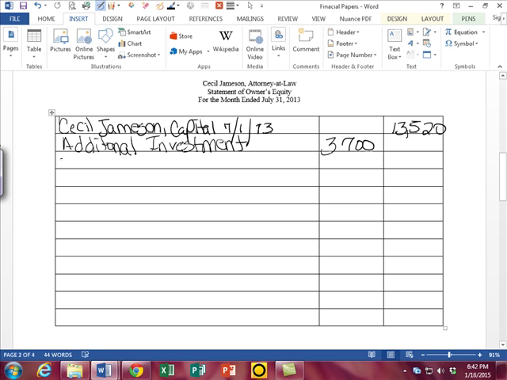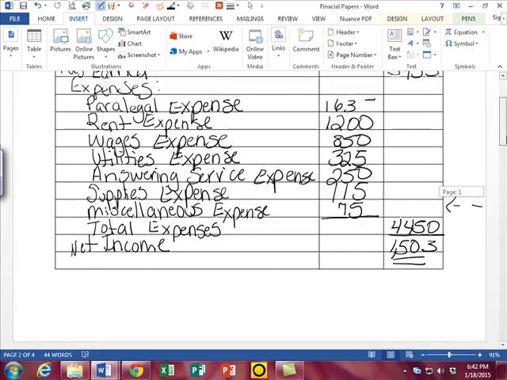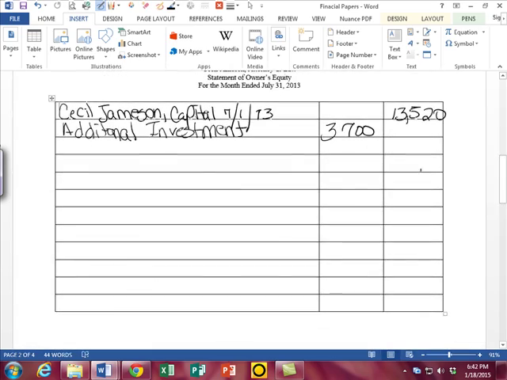We're then going to add in the net income, and remember that was $1,503. So we're going to bring that down here. We're going to do net income for the month, $1,503. All right, then we're going to draw a line. It means we've got to do a calculation. And what we're going to do is add these two together, $5,203.